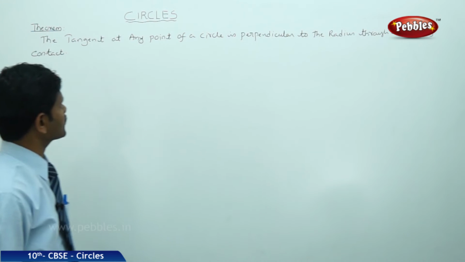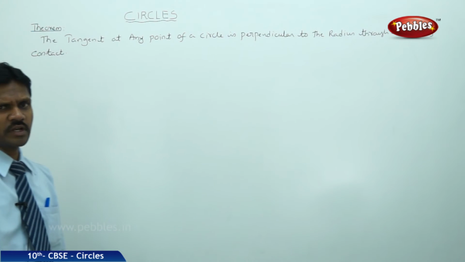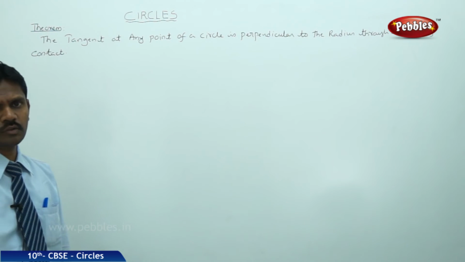The tangent at any point of a circle is perpendicular to the radius through the point of contact. We have to prove this theorem now.